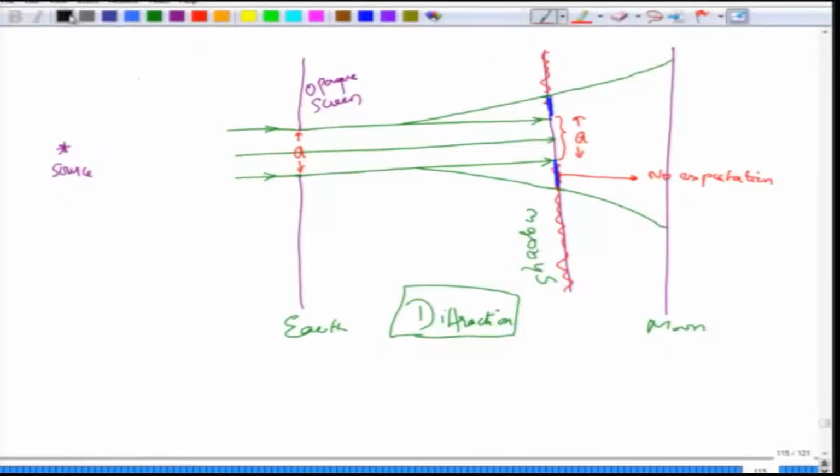You have probably heard of what is called the Huygens principle, which says that light incident at every point on this aperture is equivalent to creating small secondary waves, and these waves then go away in this manner, and when they intersect at a screen, they create a complicated interference, which is the diffraction pattern.